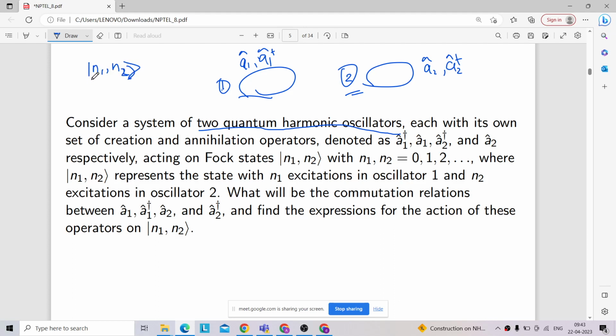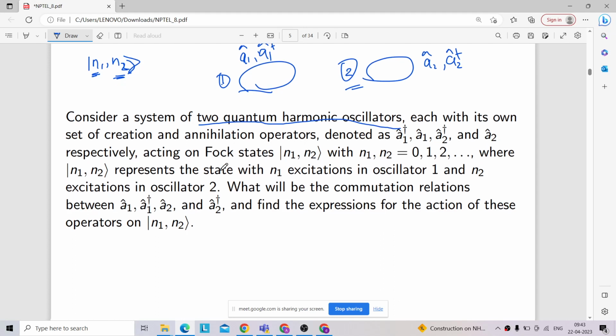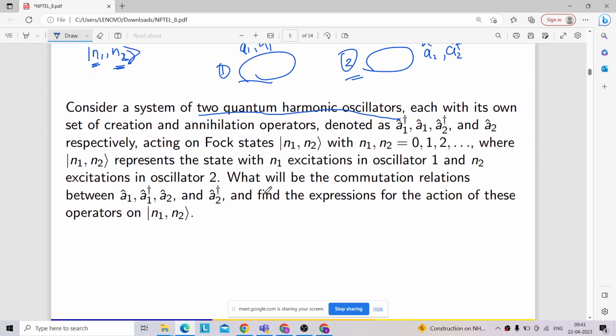This means there are N1 quanta or particles or excitations, whatever you want to say, in system 1, and N2 particles in system 2 initially. These are the quantum numbers N1 and N2, and they go from 0 to infinity.